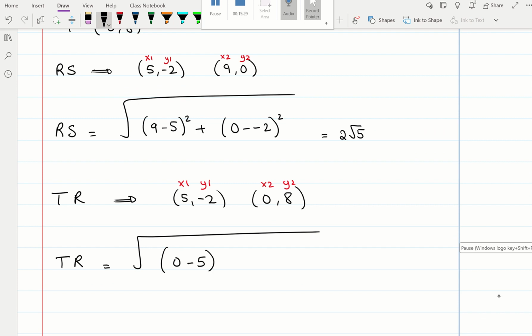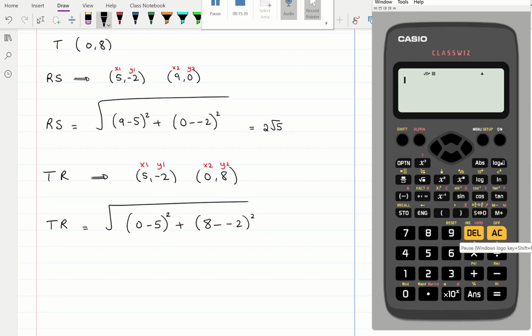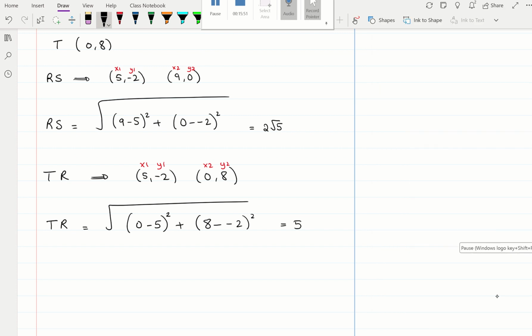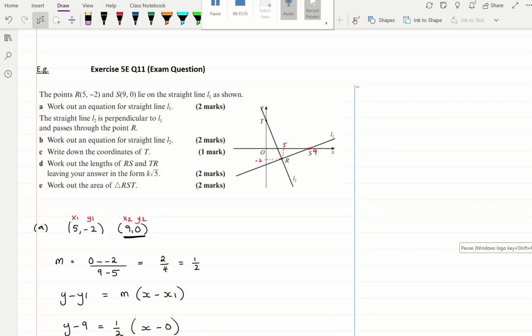X2 minus X1 squared plus 8 minus negative 2 squared. 0 minus 5 squared plus 8 minus 2 squared, and that's 5 root 5. Okay, 5 root 5. Leaving your answer in the form k root 5, which we have. Work out the area of triangle RST.